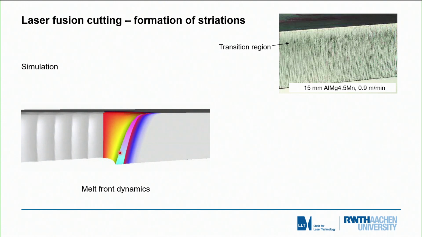However, this happens in a periodic process, because as soon as we take away a certain portion of melt, the melt film thickness is practically zero, or so small that again the surface tension wins. And then we need to allow again a little more time so that again one of these drops forms and we get the formation of a melt drop, which then has enough mass and not enough surface tension to stay there, but it will be accelerated down the curve.